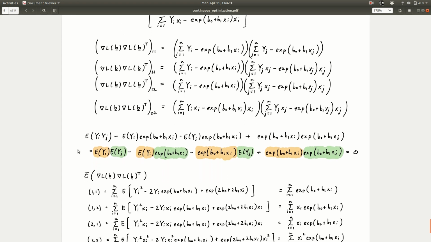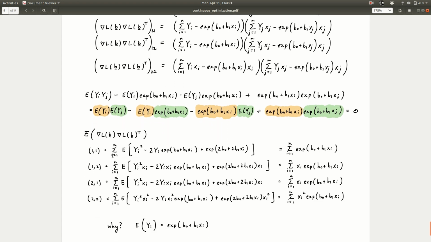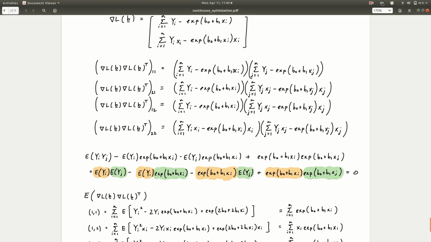So the expected value of this becomes just a single sum where you're squaring each individual term. This comes from the square of this term: yi squared minus 2yi e to the b0 plus b1xi plus e to the 2b0 plus 2b1xi.